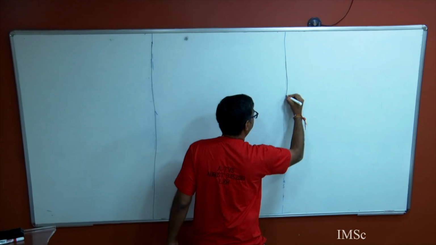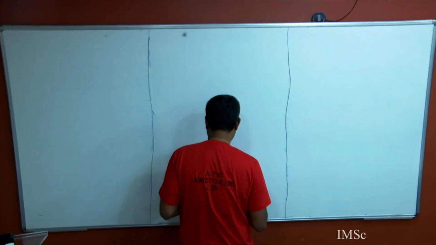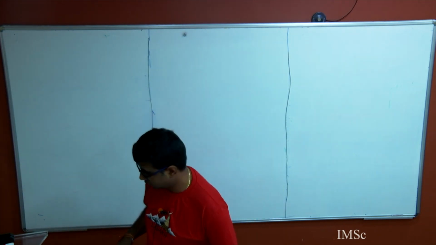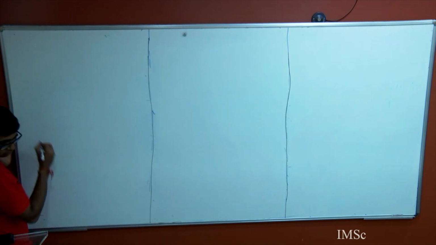So we have been looking at branching, and we saw quite some non-trivial branching. What we saw yesterday was the following set of branching.